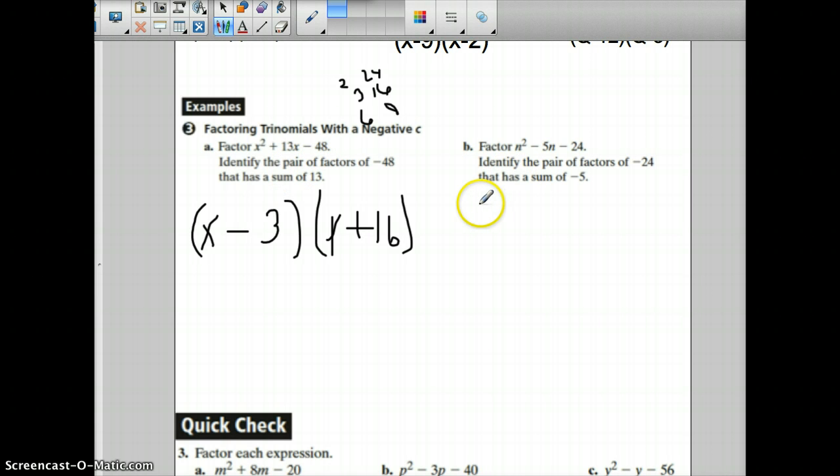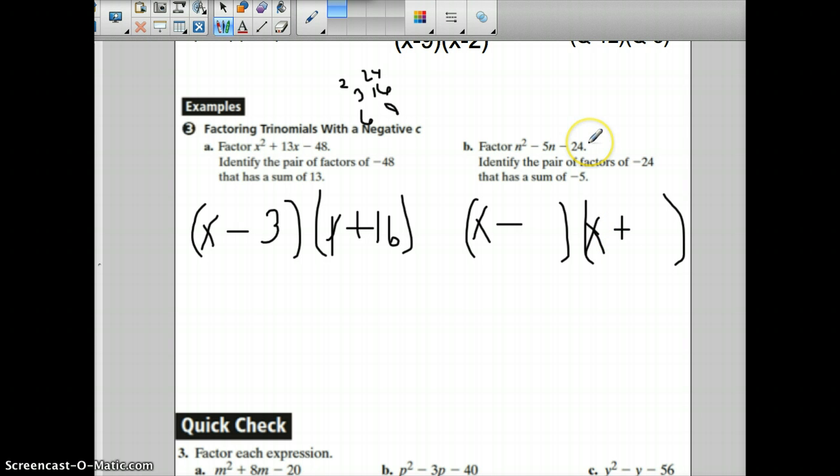All right, let's check B here. And again, I'm going to use x's just because I like them better. Look at your first term, and again, it's n squared or x squared, and I'm just going to put x for both of them. My third term, again, tells me that the signs are going to be different. So one of them is positive and one of them is negative.